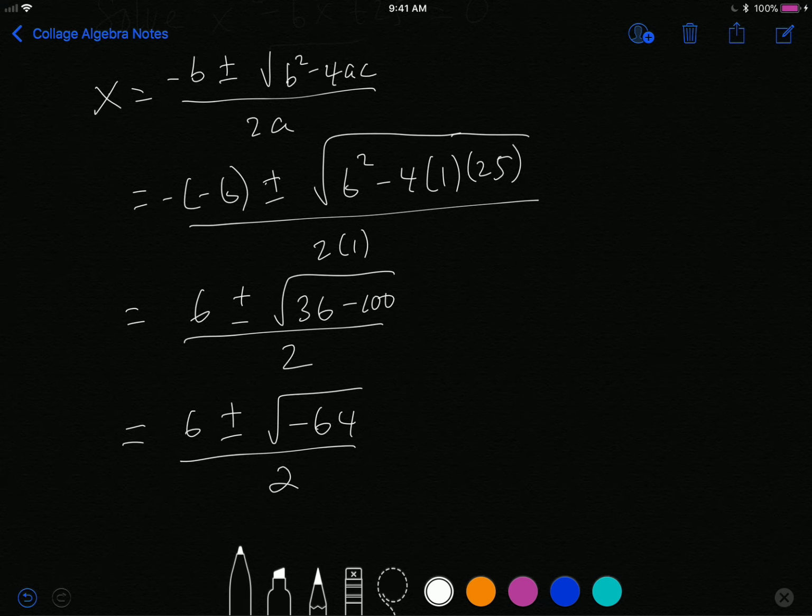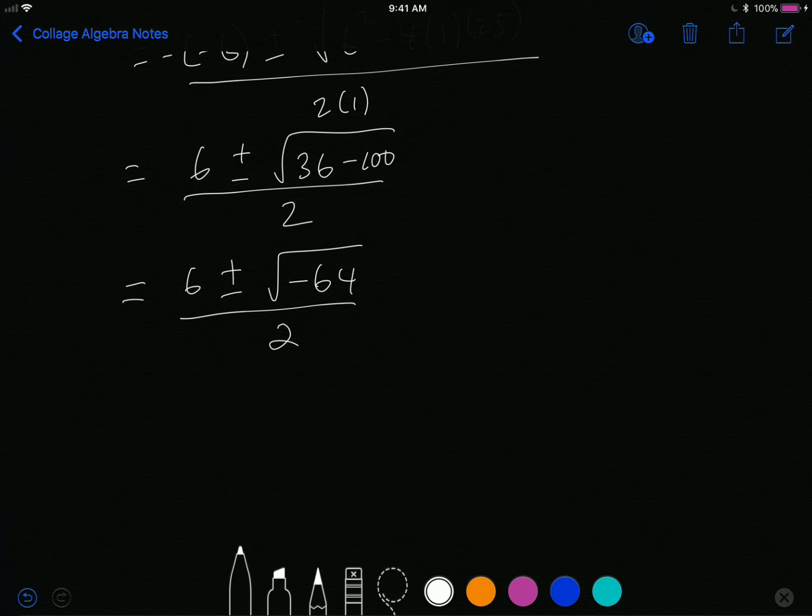And then I can simplify. The square root of negative 64 is 8i. Square root of 64 is 8. The square root of negative 1 is i, over 2, and then I simplify.